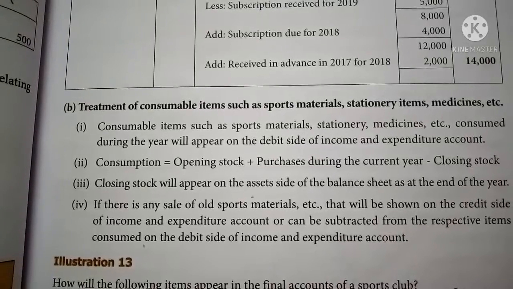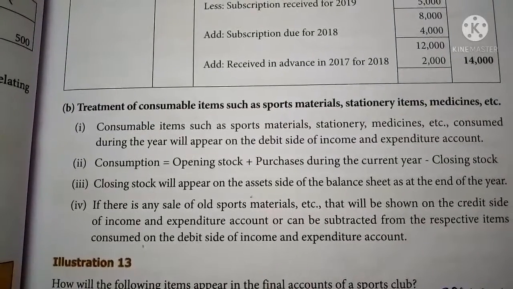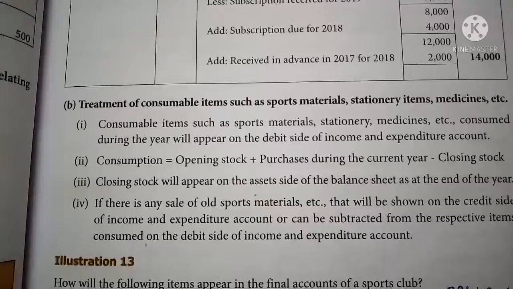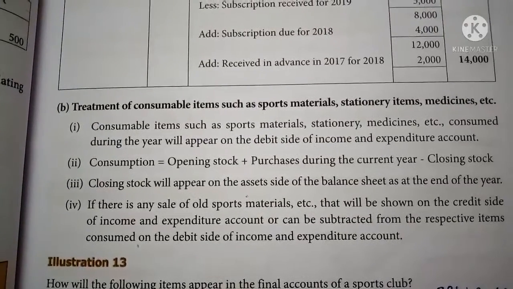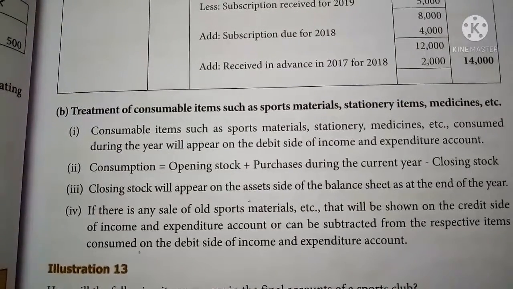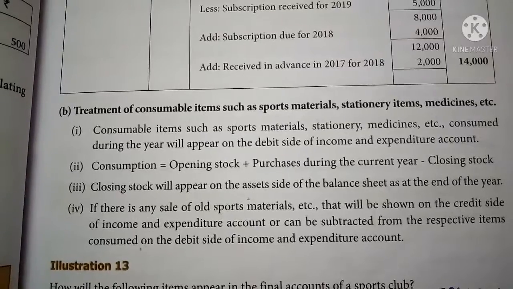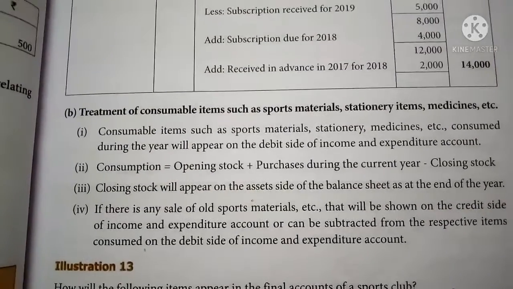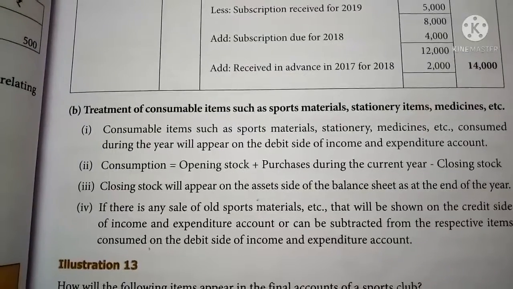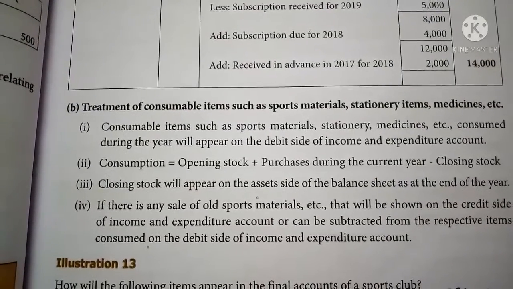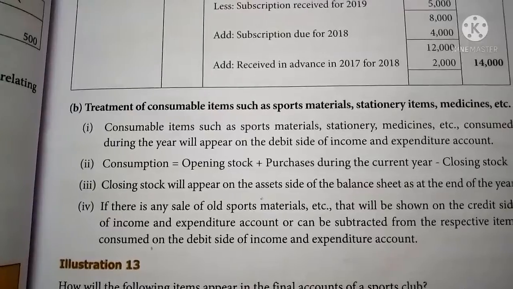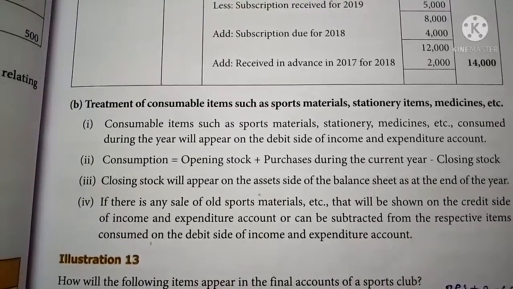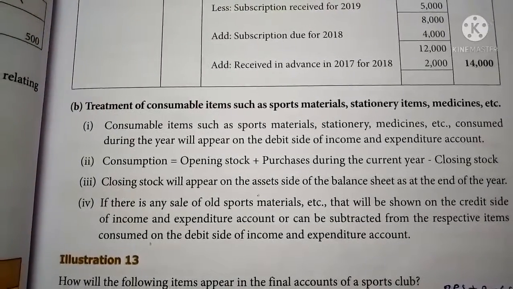Consumable items such as sports materials, stationery, bat and ball, medicines, etc. during the year will appear on the debit side of income and expenditure, because all these are recurring payments, revenue payments, that should be taken to the debit side of the income and expenditure account.